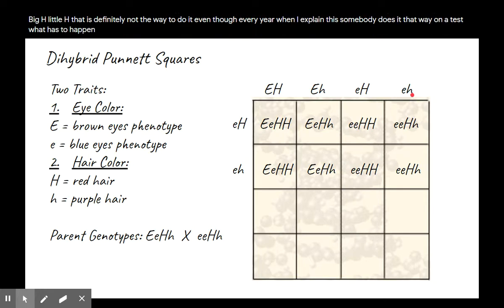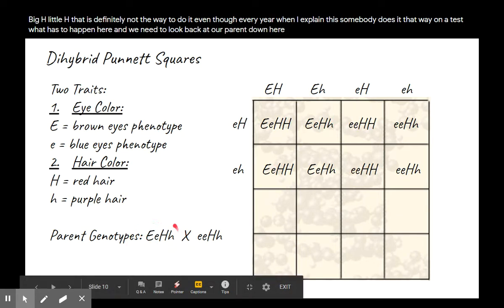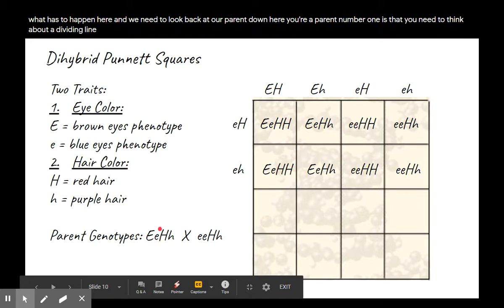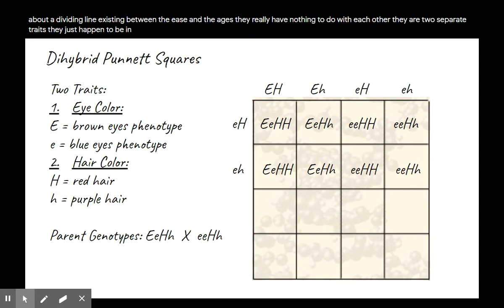What has to happen here, and we need to look back at our parent down here, our parent number 1, is that you need to think about a dividing line existing between the E's and the H's. They really have nothing to do with each other. They are 2 separate traits. They just happen to be in the same parent.